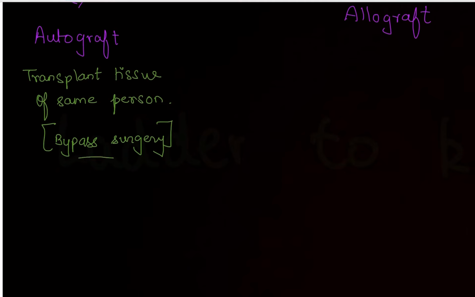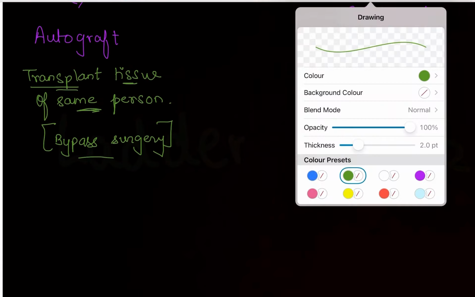You can know for bypass surgery, we take this great saphenous vein and graft it over the heart. Okay, so this, what we did, we took the tissue from the same person. It could be a tissue, a vein, or a part of a skin. Okay, so autograft is if the transplant tissue or whatever material we are taking is from the same person who is undergoing transplantation.